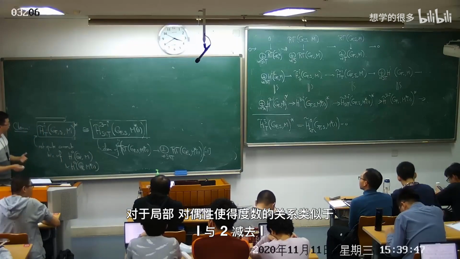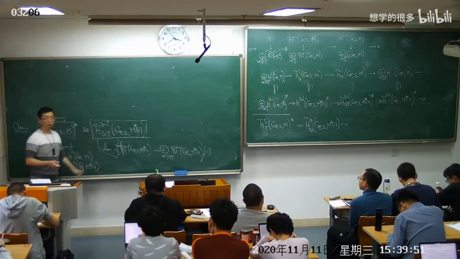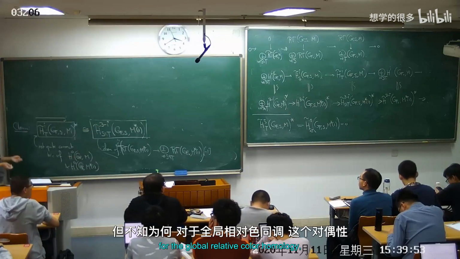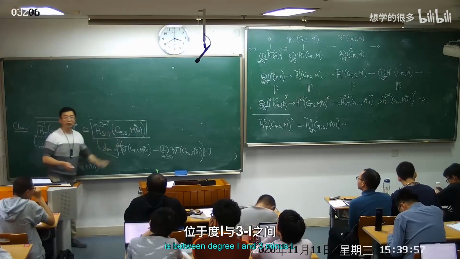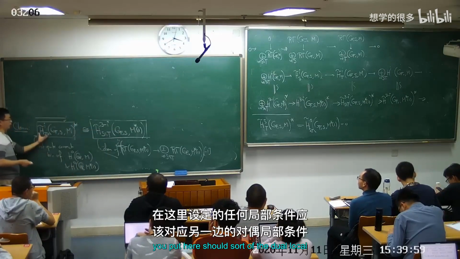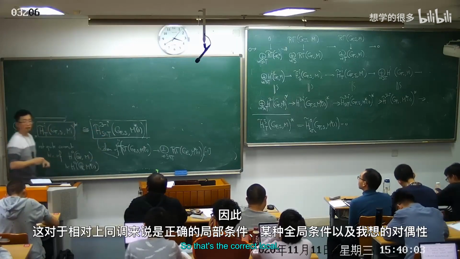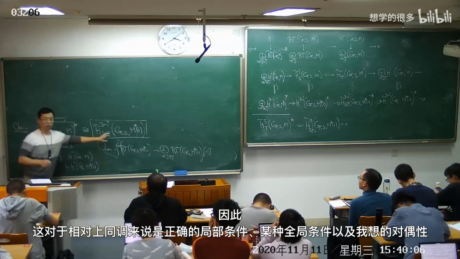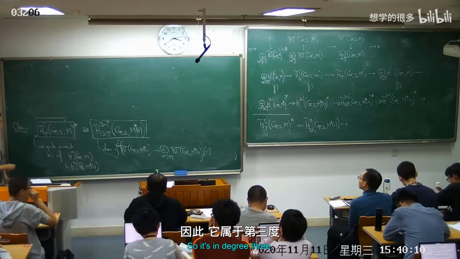For local Tate duality, the degree is like i versus 2 minus i. But for the global relative Galois cohomology, the duality is between degree i and 3 minus i. And whatever local condition you put here should serve the dual local condition on the other side. So that's the correct local-global duality for relative cohomology. So it's in degree 3.